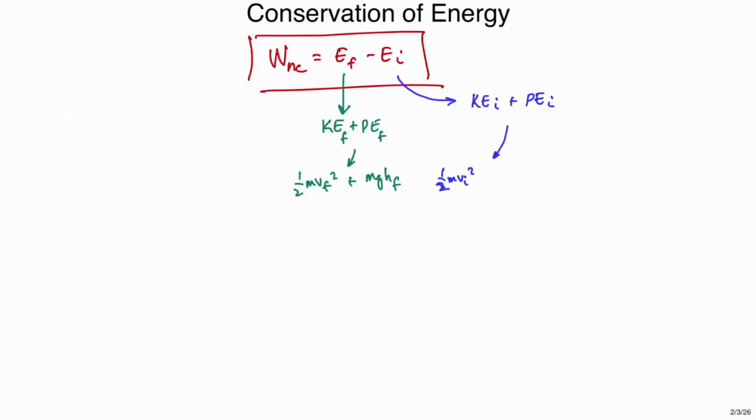That's my initial kinetic energy plus mgh initial. Oops. We have to subtract this thing, so we've got to be careful. Minus the energy initial. Okay. And then now we're left with this work non-conservative term.